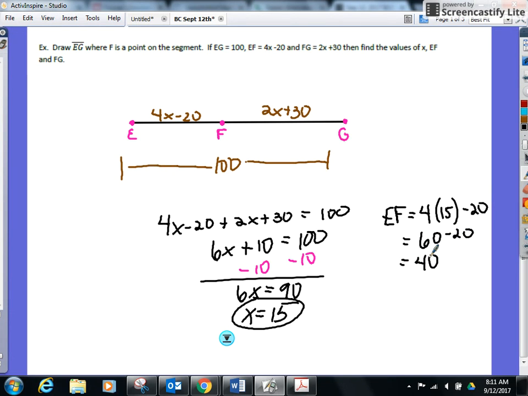And now go on to FG. Two ways you could do FG. You could plug in 15 for x, or another way: how long's the whole thing? 100. You just found out the first part was 40. You can subtract it from 100 and find out FG is 60.